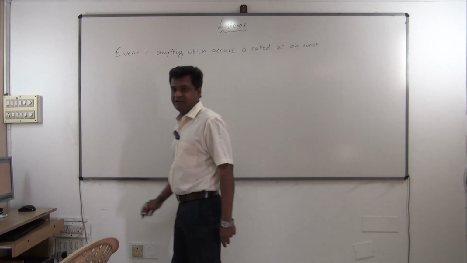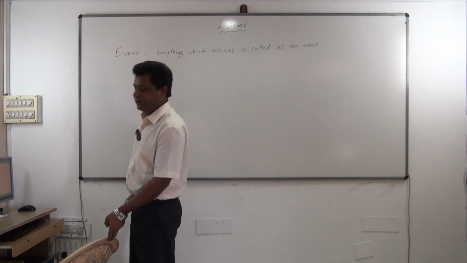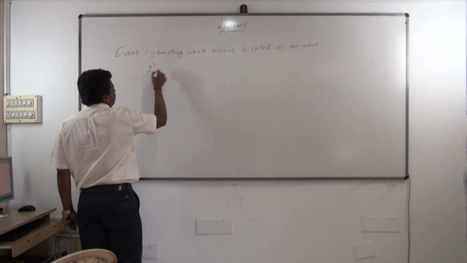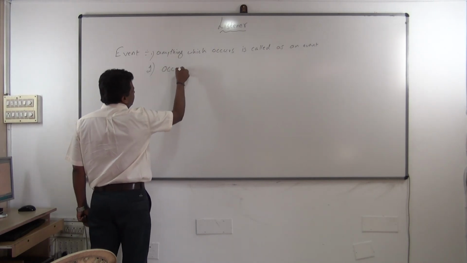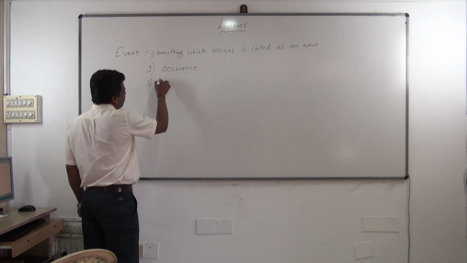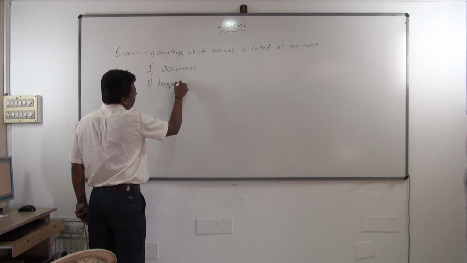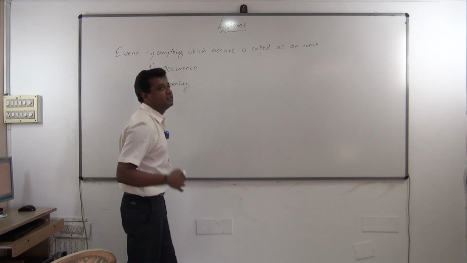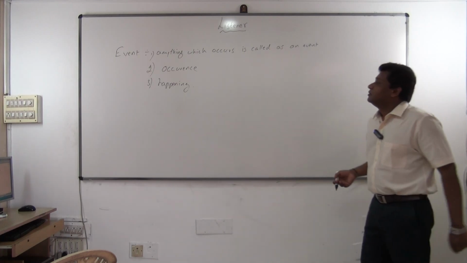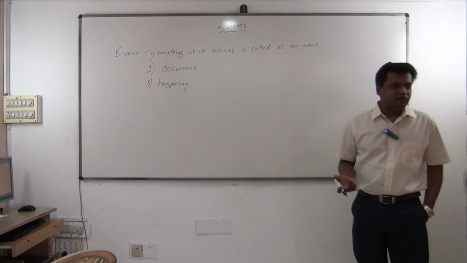First I'll teach you English, then I'll teach you Java. Anything which occurs is called an event, or in simple words, it's an occurrence, or it's a happening. So many definitions I can give for event. If you understand this, then we can understand what a listener is. This is the basic meaning in simple English of what an event is.